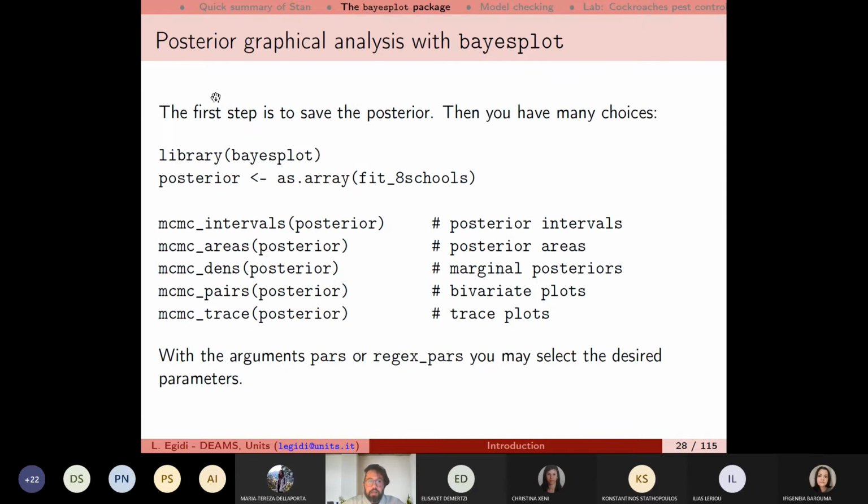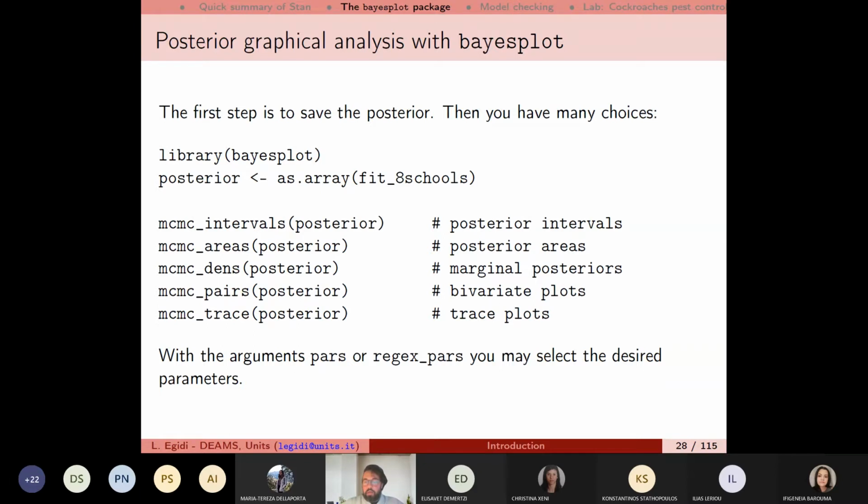So for instance, the first step is to save the posterior. Once you fit the model with Stan, you can save the posterior with the as.array command. So let's write as.array fit 8 schools, and then you have a bunch of functions, all starting with mcmc_: intervals, areas, dens, pairs, and trace, for which you can directly obtain some very useful plots about the posterior.